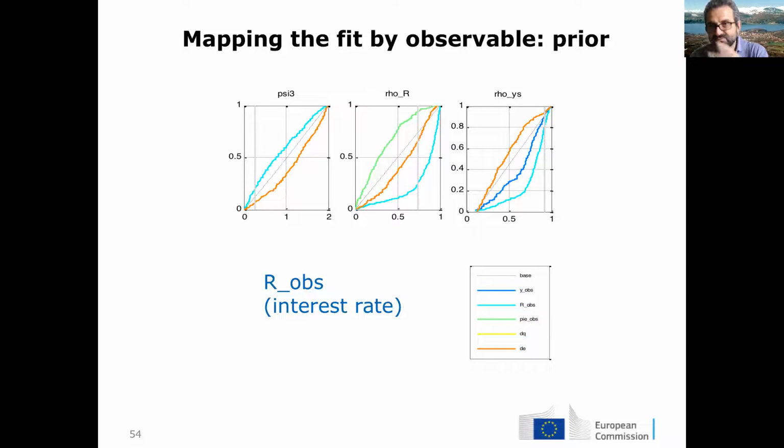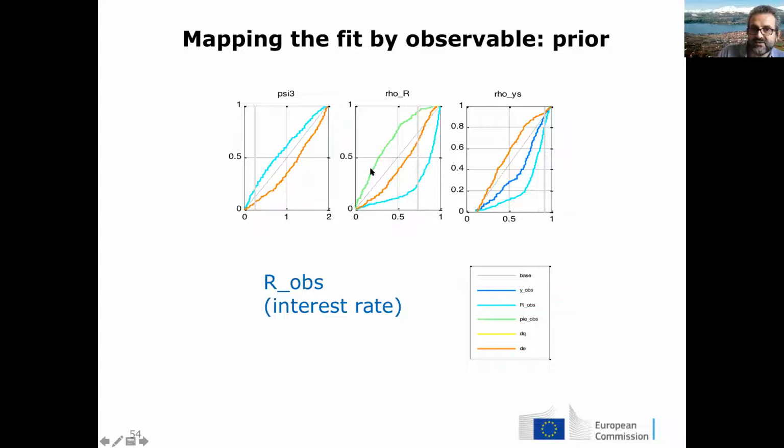There are other types of plots where the plots are organized by parameter or by observable. For the plots organized by observable, you see all the parameters that are relevant for the interest rate in this case. Here you see that for the interest rate there are 3 parameters that might drive its fit.